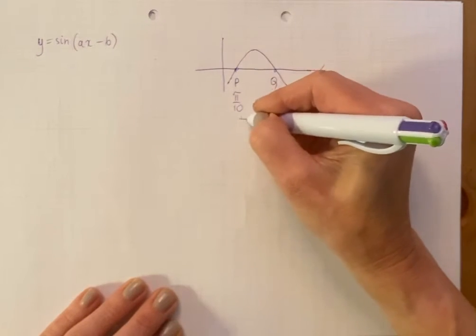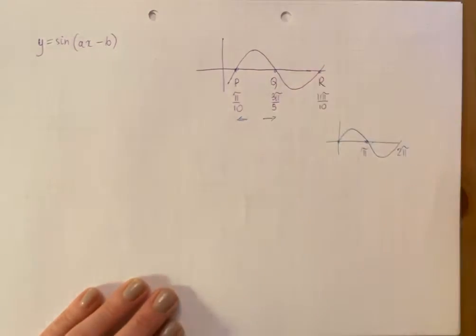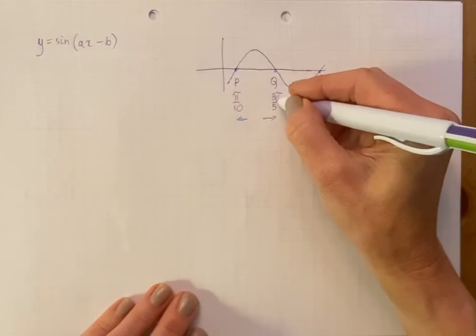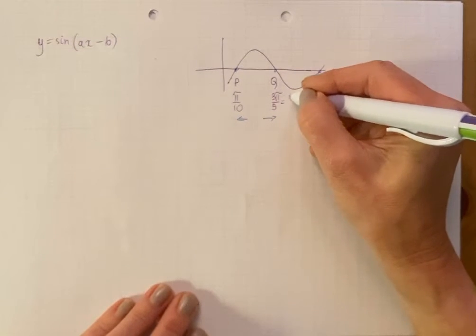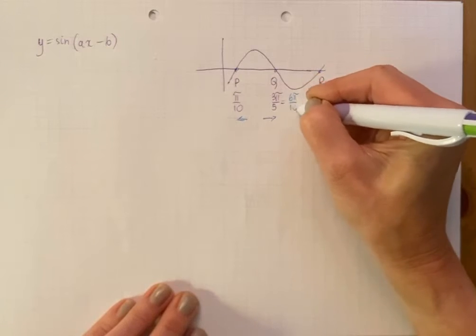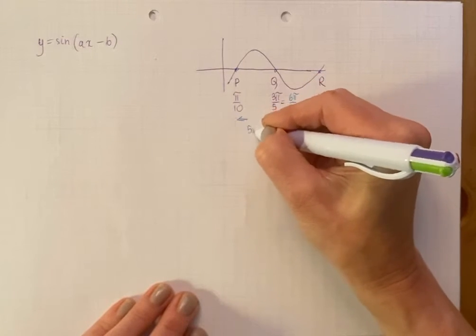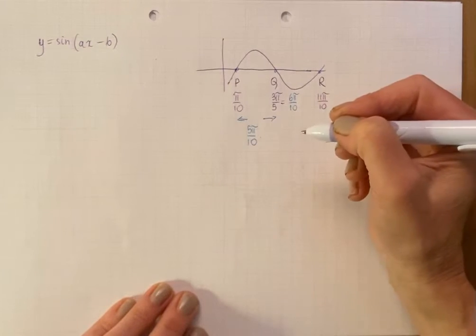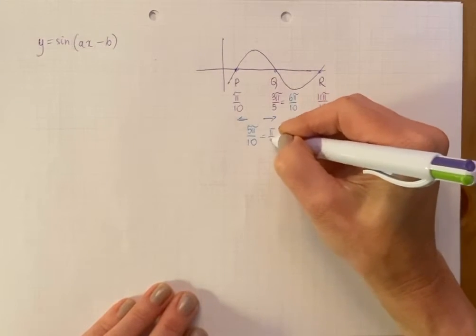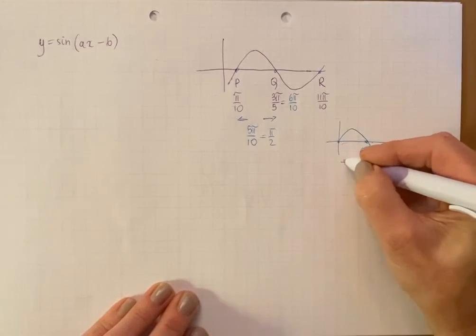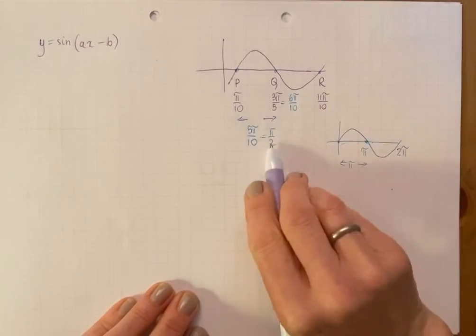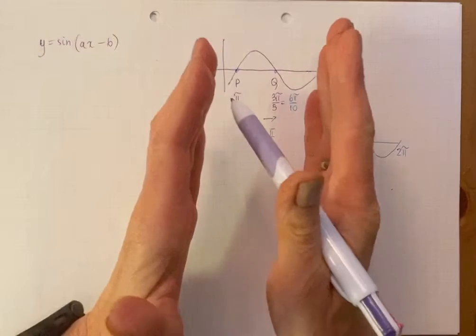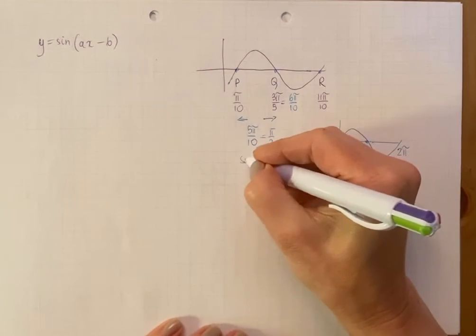So let's inspect whether that is the case in our question. This here is 6 pi over 10, so they are actually 5 pi over 10 apart, which is pi over 2. So normally it's pi, here it's pi over 2, so the graph has been squashed, okay?